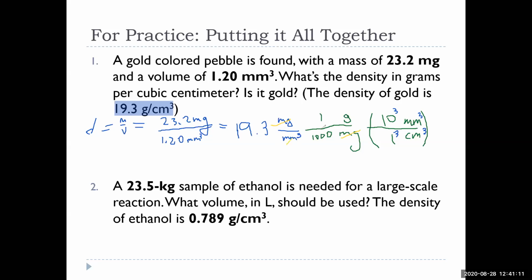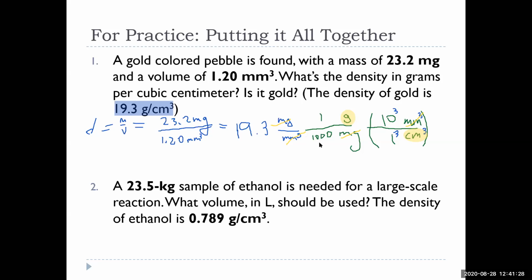When we have millimeters cubed divided by millimeters cubed, great, those will cancel. The only units left behind, grams divided by cubic centimeters. That's what we want so we can compare with our known value. We can punch this into our calculator.